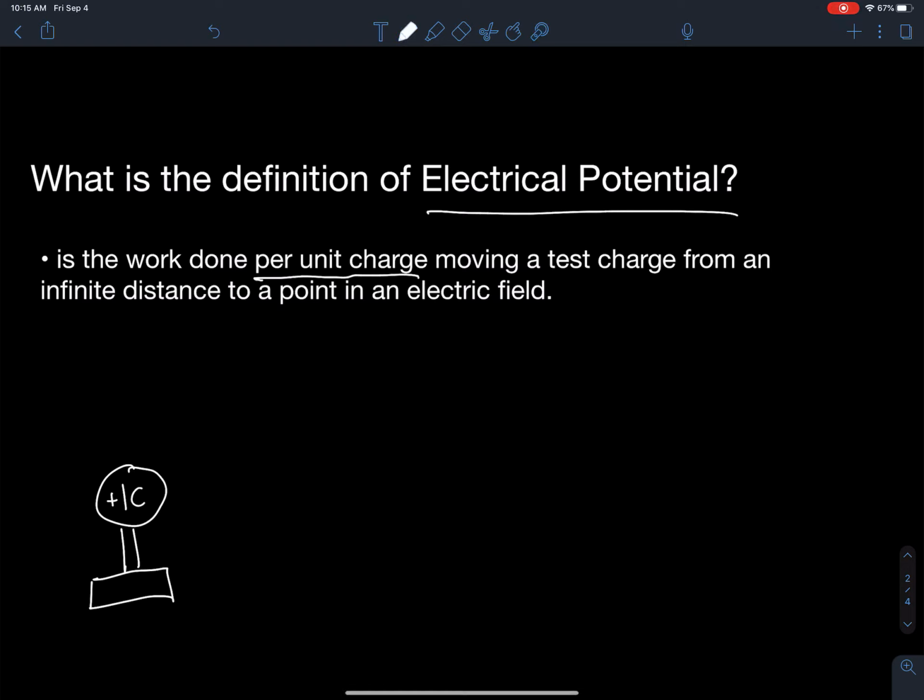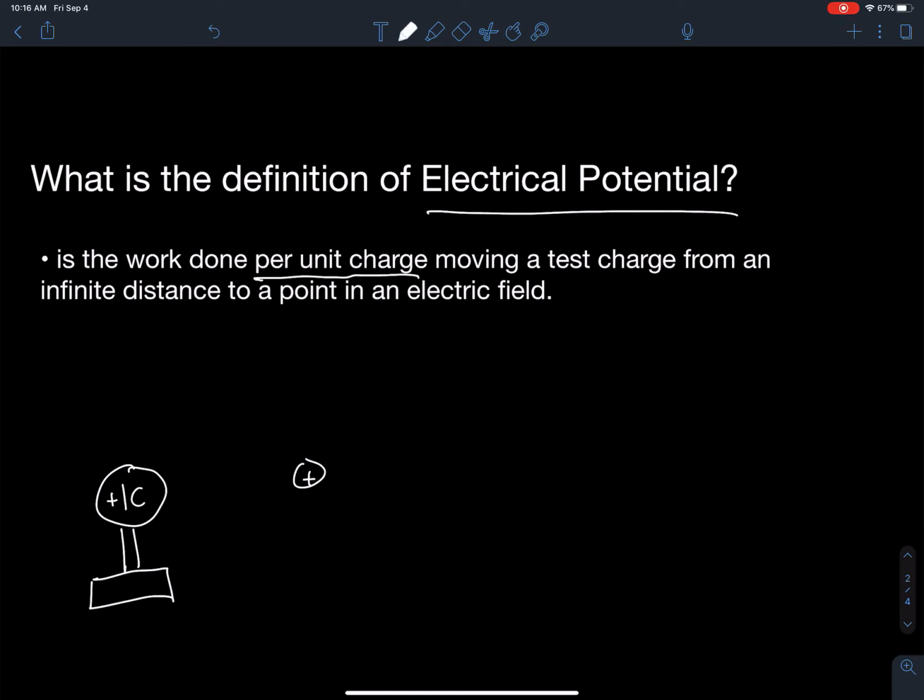So if I had a positive charge, and I move it slowly towards that positive 1 Coulomb charge, I have to do work to move it there. And if I took it to this point and I divided it by the charge of this particle, I would get something called electrical potential. So let's move it over here.